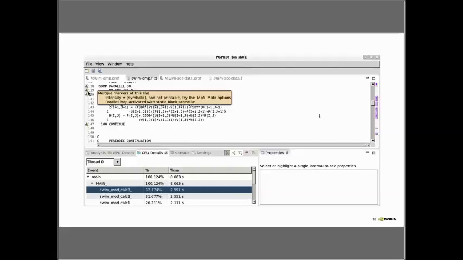Also, another example here is showing details like intensity, which is measuring the number of flops divided by the memory bandwidth. And that's an important factor as you're identifying critical regions. Having information about the intensity of that region helps guide you on where you really should spend your attention and focus.